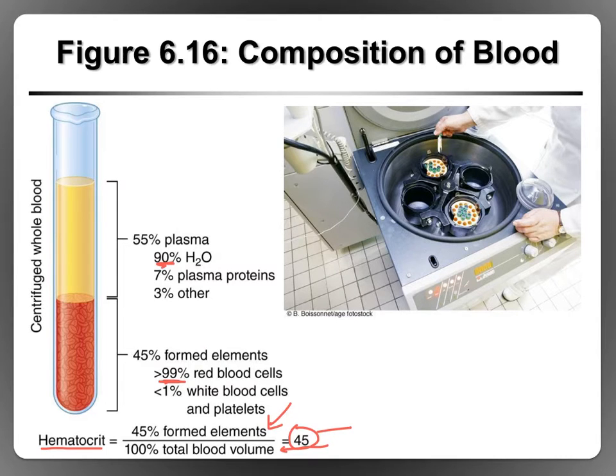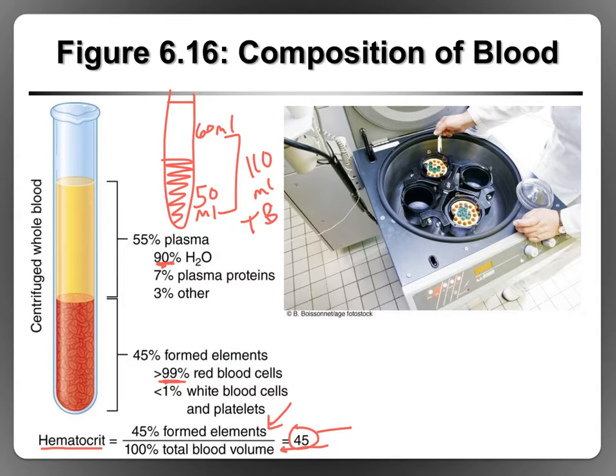So another example, if we had a test tube and we had 50 milliliters of formed elements, and if we had 60 milliliters of plasma, we would have a total of 110 milliliters of total blood volume.